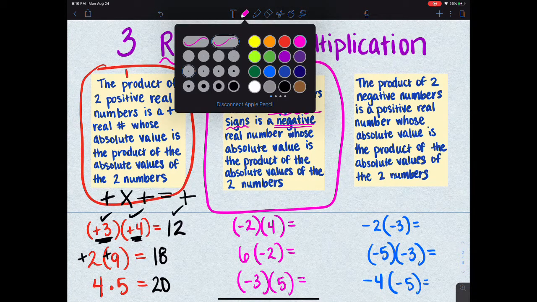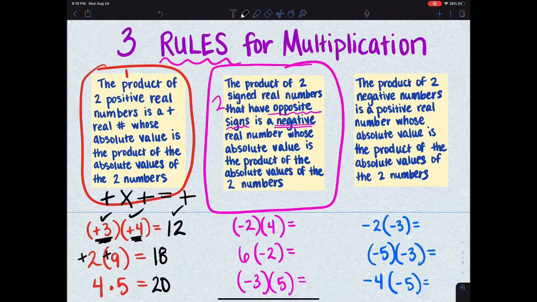Again, a complicated way of saying that if the signs are opposite, so you have a positive and a negative, and you multiply those together, you're going to end up with a negative. And it doesn't matter the order of those things. You could start with a negative or you could start with a positive, but if they're different, you're going to end up with a negative.